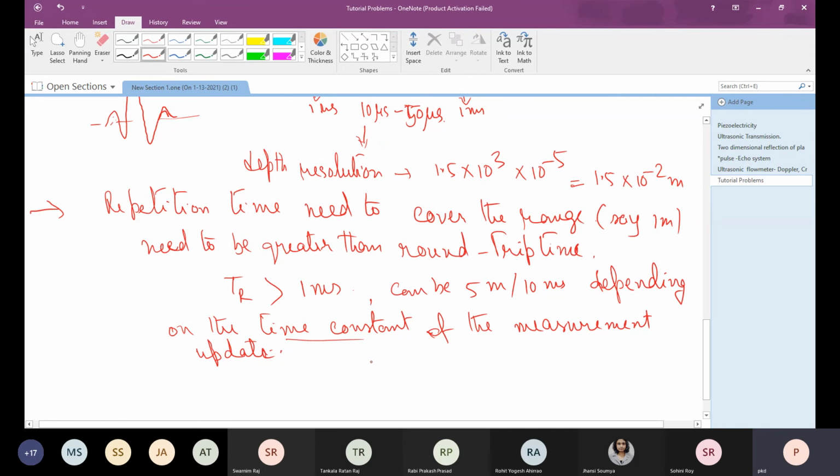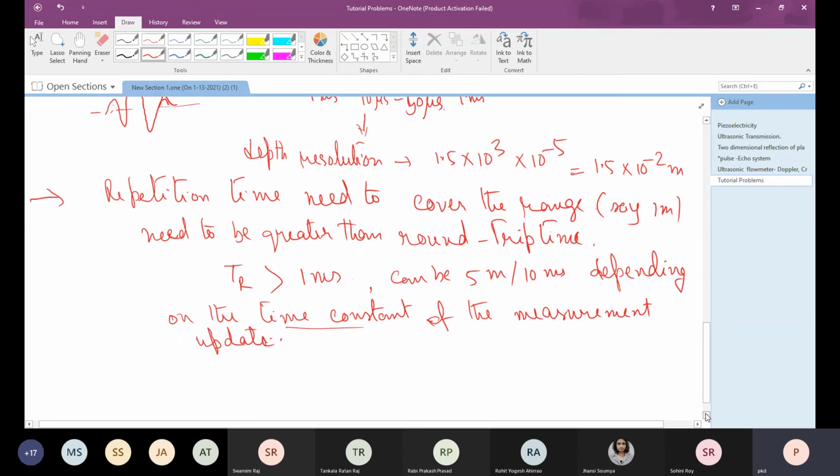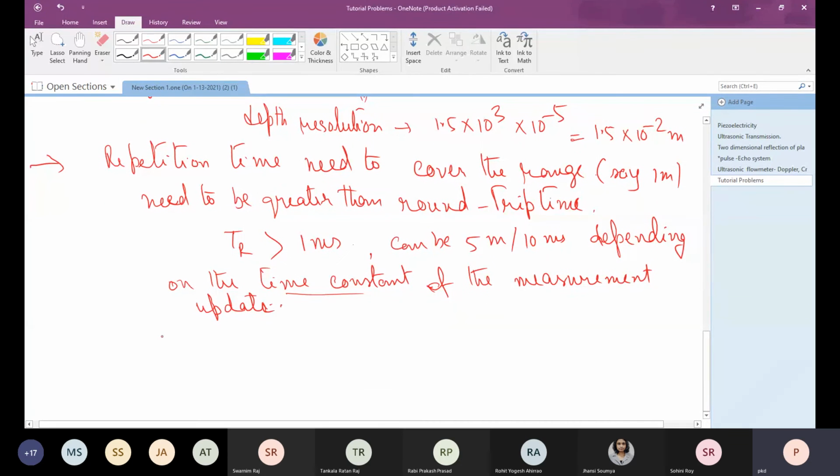So 5 millisecond would be the time constant. So every 5 millisecond we can have the measurement. Measurement update requirement.